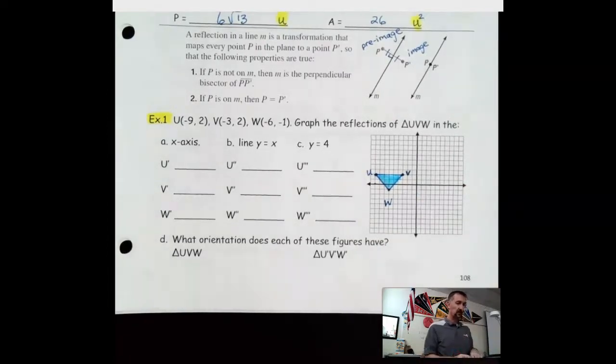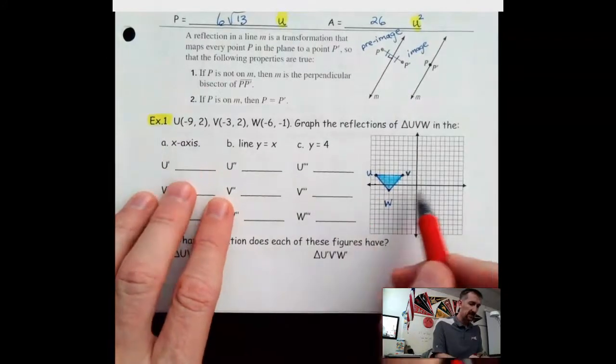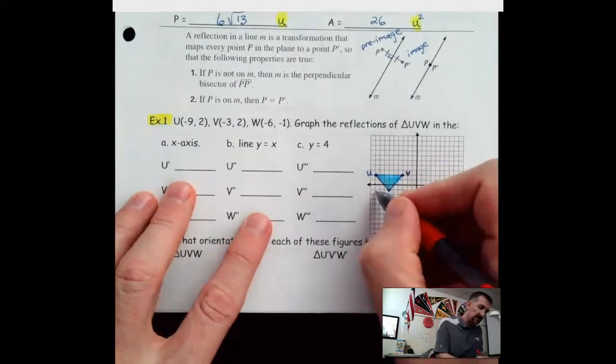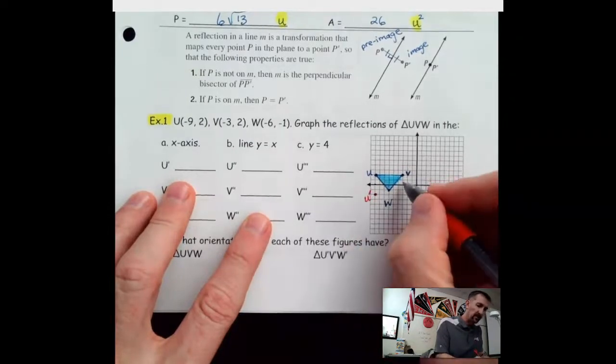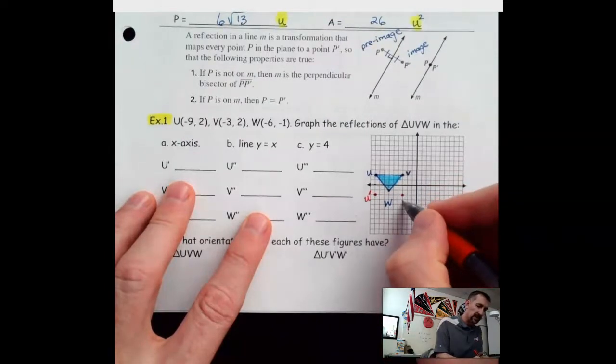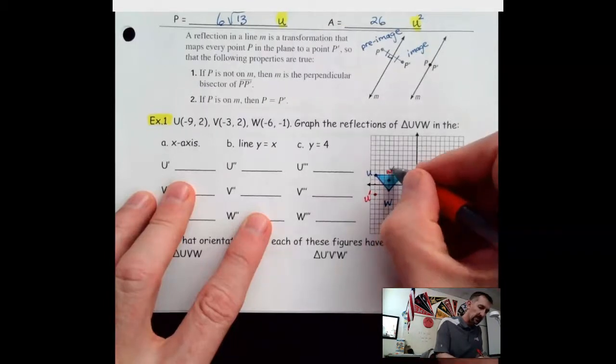So reflect that blue triangle over the x-axis. So the x-axis is right here. So the points are going to be the same distance away from the line you're reflecting over. So that's going to be u prime. That's 2 above, so it's going to come 2 below. So that's v prime. And this was 1 below, so that's going to be a 1. So that's going to be w prime.